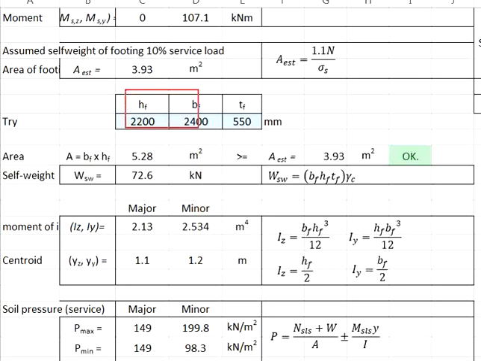Based on the proposed dimensions of the pad footing, multiplying these 2.2 meters and the 2.4 meter, you get your total contact surface area equals to 5.28. This area is greater than the estimated area.